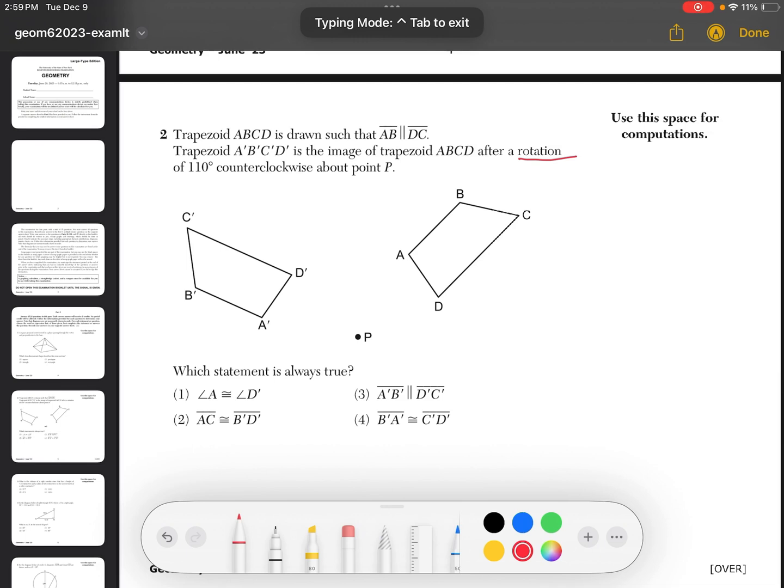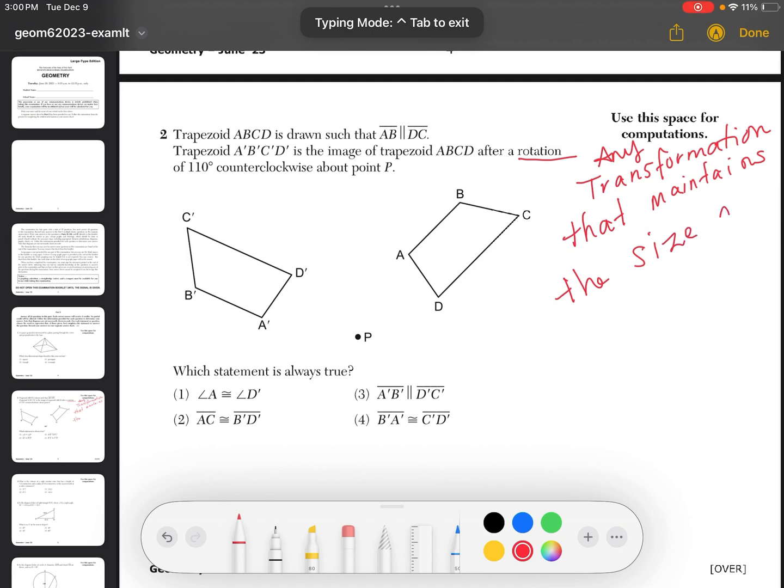And any transformation that maintains the size and shape of an image is a rigid motion.